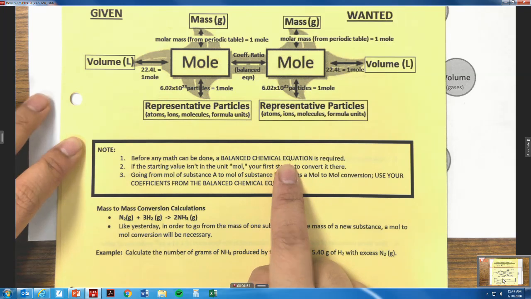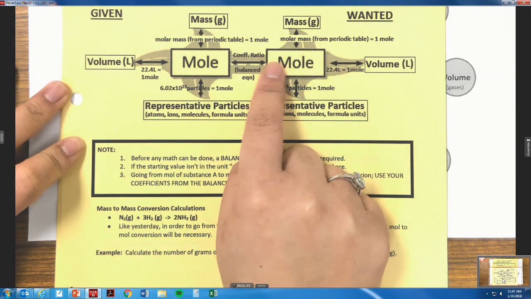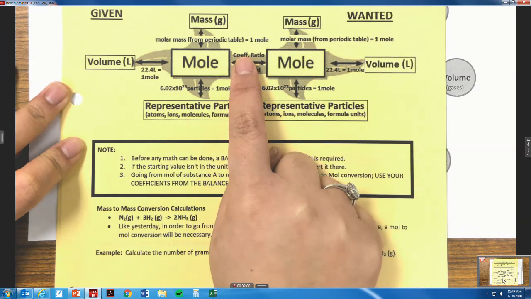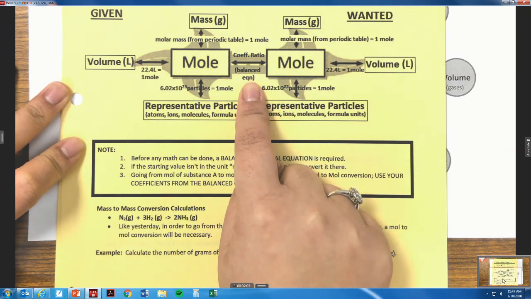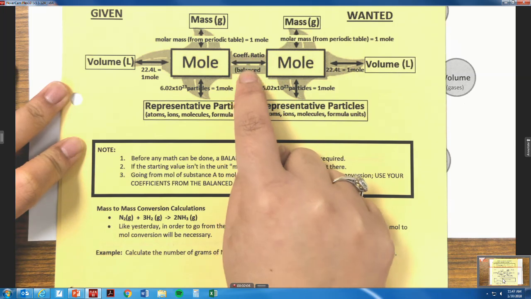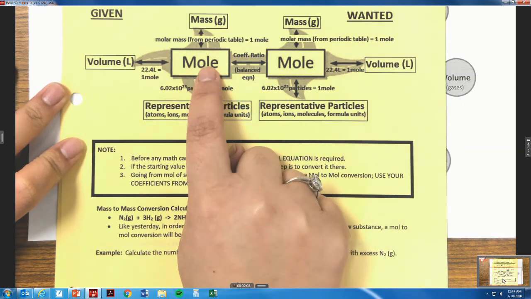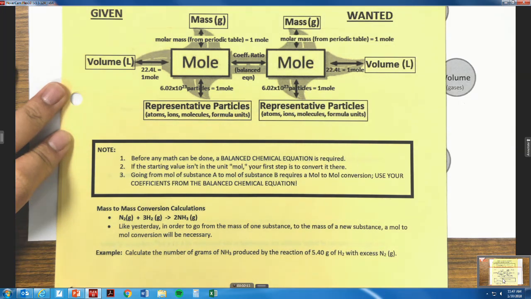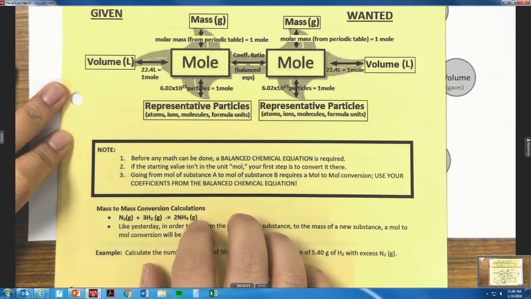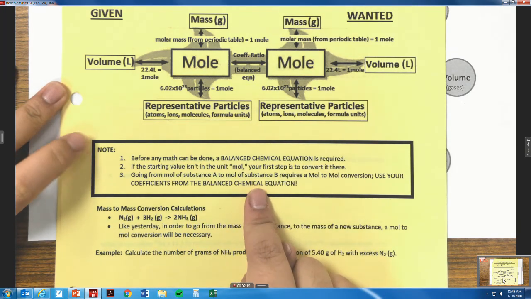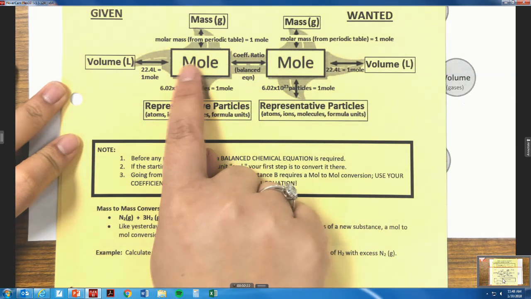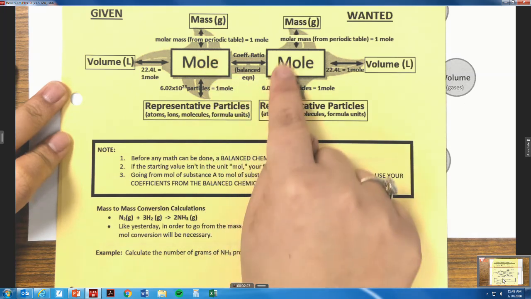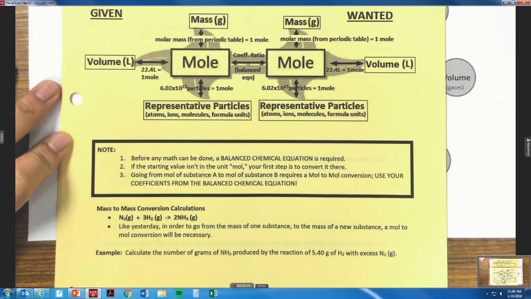Remember, our notes from yesterday were this part right here, converting from mole to mole. That's our coefficient ratio from our balanced equation. We need a balanced equation to convert from moles of one substance to moles of another. That really is the only note. Make sure you have a balanced chemical equation, so that you don't have an issue once you get to that conversion factor.